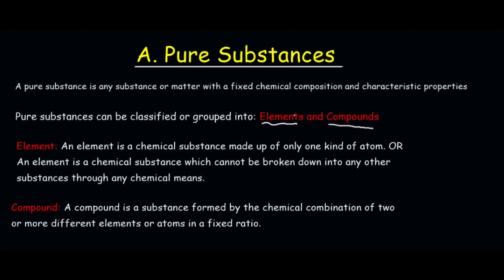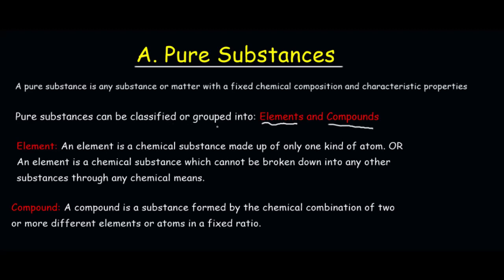What it means is that examples of pure substances are the same as examples of elements and compounds. So if a substance is a compound or an element, it is a pure substance. So let's look at what an element is. An element is simply a chemical substance made up of only one kind of atom.